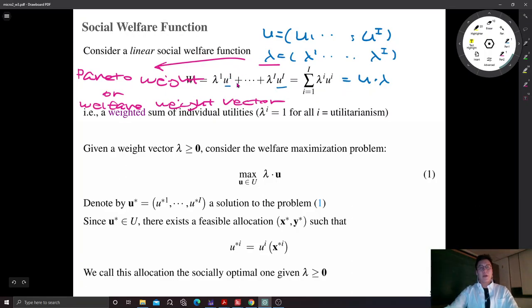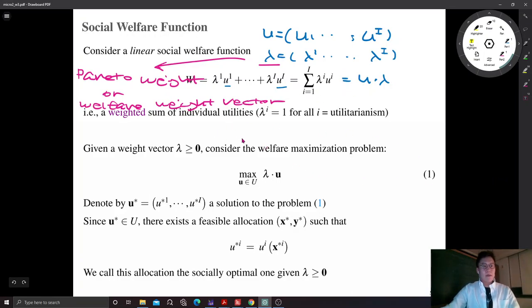So if the society is concerned about some economically unstable people, like poor people with a low income, and their welfare might be of the highest importance, then lambda 1 is going to be a very large number, right? And this kind of interpretation can be applied.